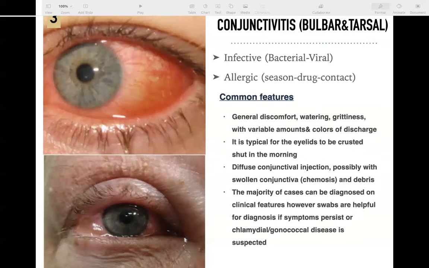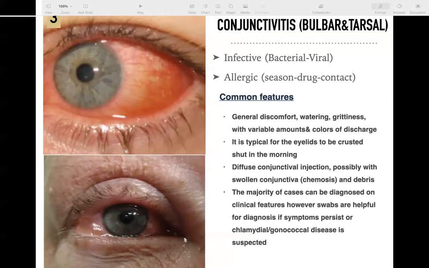So the common presentation and features of conjunctivitis are general discomfort, watering, and grittiness, with variable amounts and colors of discharge. Maybe mucoid discharge, white or creamy white, or mucopurulent discharge, like greenish or yellowish discharge, or the purulent discharge, which is milk white, like pus.